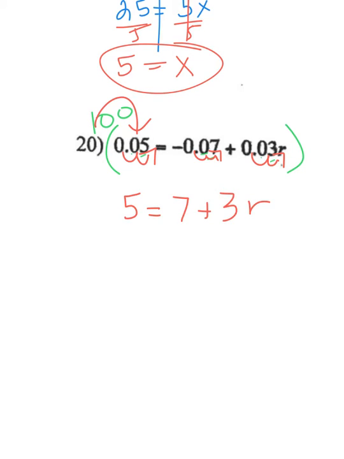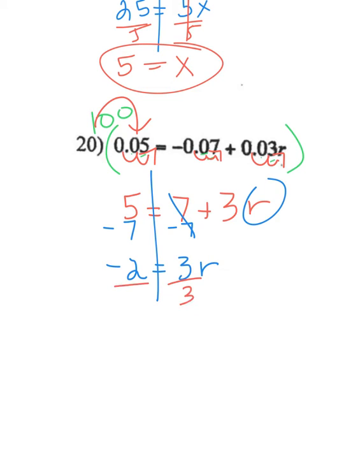Wow, look how easy that is. Here's my r. Okay, so subtract 7, subtract 7. That turns into negative 2 equals 3r. Divide by 3, divide by 3. That turns into r equals 2/3.